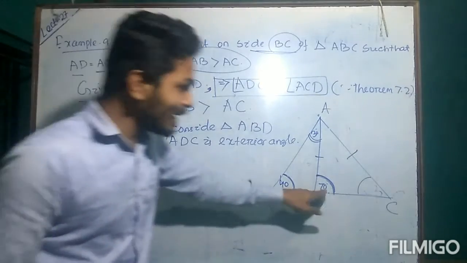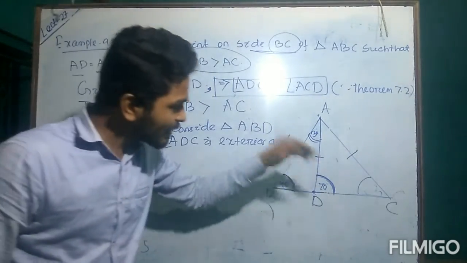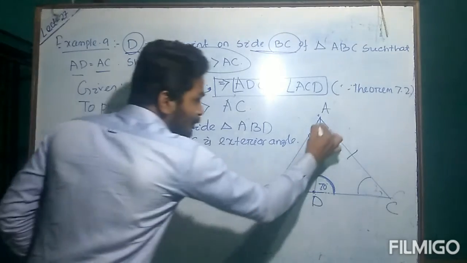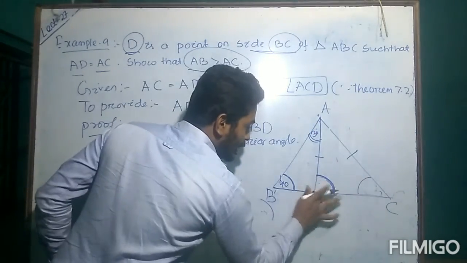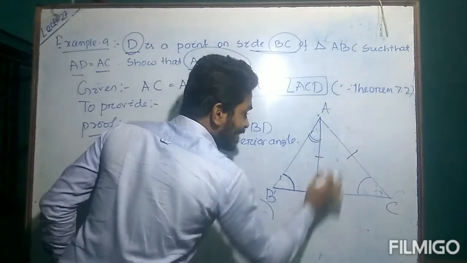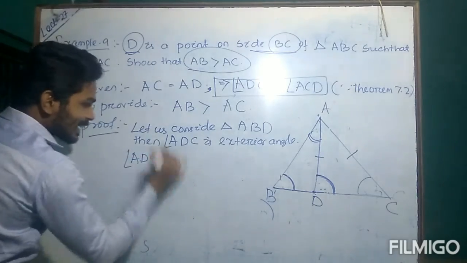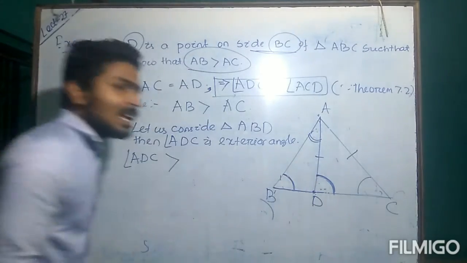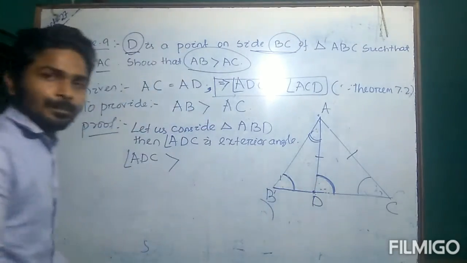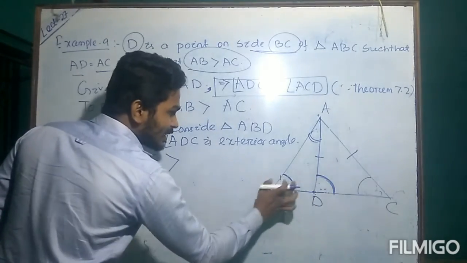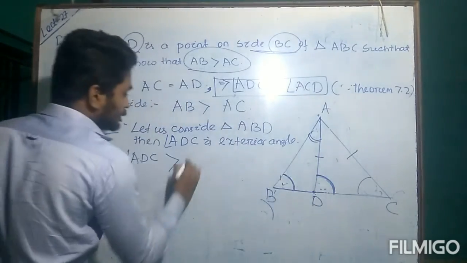Correct? Now 70 degrees is definitely greater than 40 and 70 is definitely greater than 30. Is it correct? Yes. So we can write angle ADC, that means the exterior angle, is greater than this angle, or this angle. So I will take this angle. So this angle is greater than this angle, ABD.